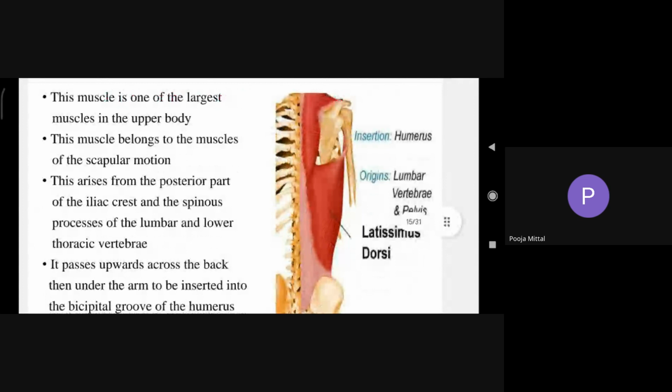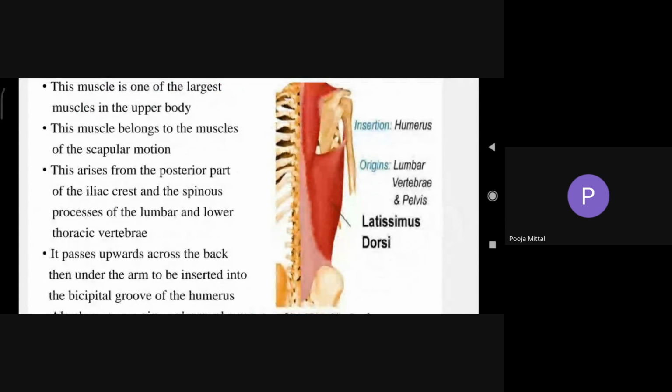Here in this picture, this is the back side of the body where we can see the vertebral column, and this latissimus dorsi muscle is originating from the lower region of the vertebra, and this muscle belongs to the muscles of scapular motion.